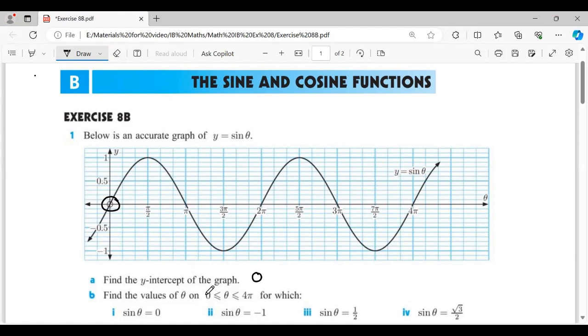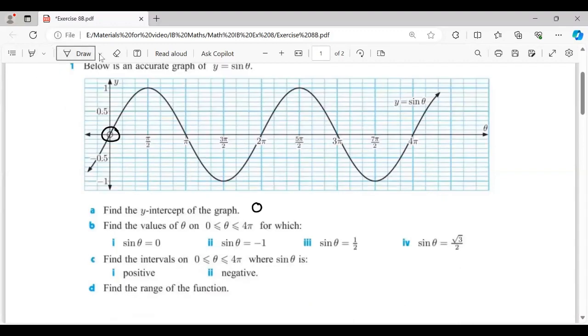B. Find the values of theta on this interval, theta greater than or equal to 0, less than or equal to 4 pi. So from this point to this point, from 0 to 4 pi, right? I'm going to scroll down first.